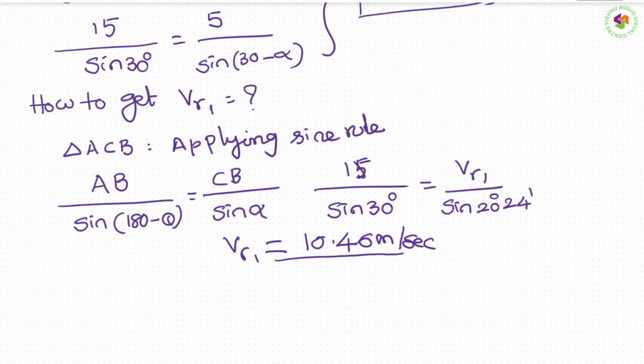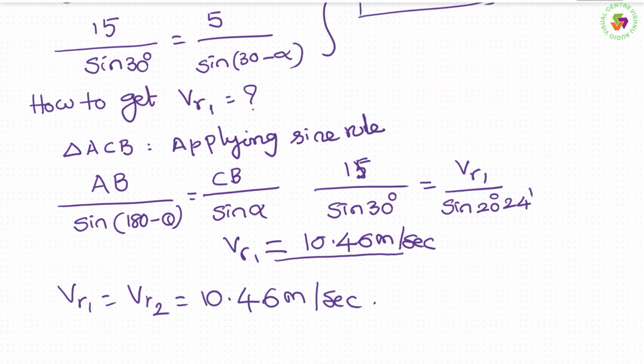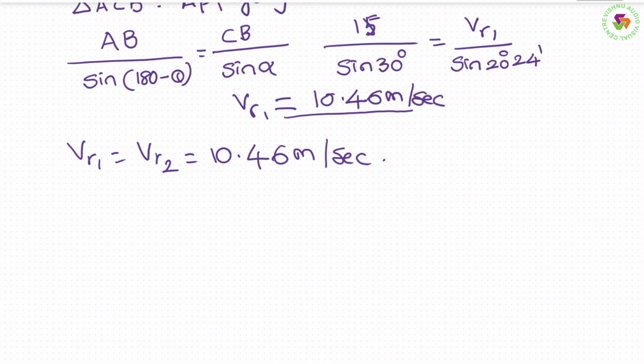So once VR1 is known, VR1 is equal to VR2, therefore it is 10.46 meters per second. So that job is done. Now I will go to the outlet velocity triangle.